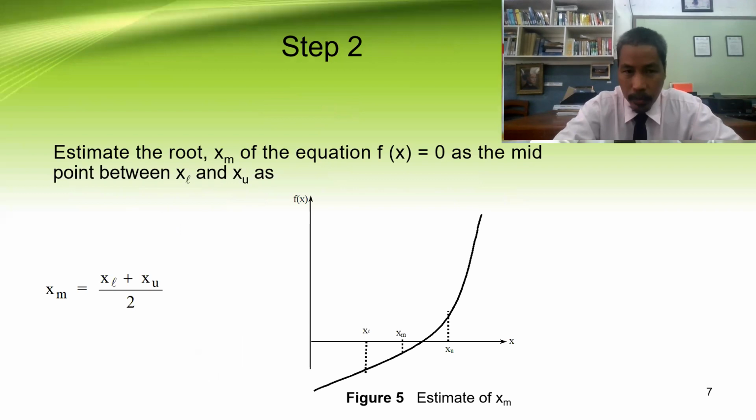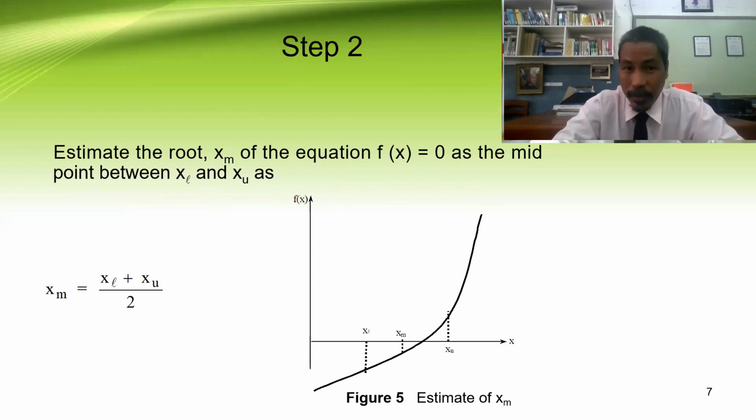Going to step 2, let us estimate the root XM of the equation f(x) equal to 0 as that point between XL and XU. If XM is between, therefore we can just add XL plus XU and divide by 2.